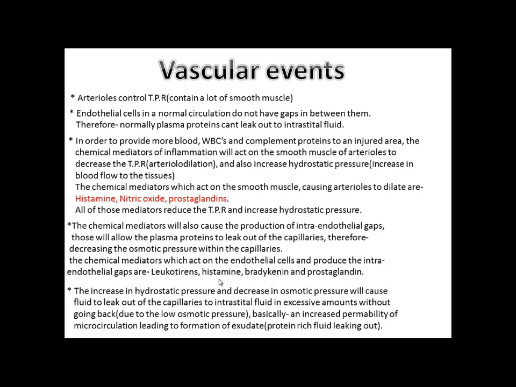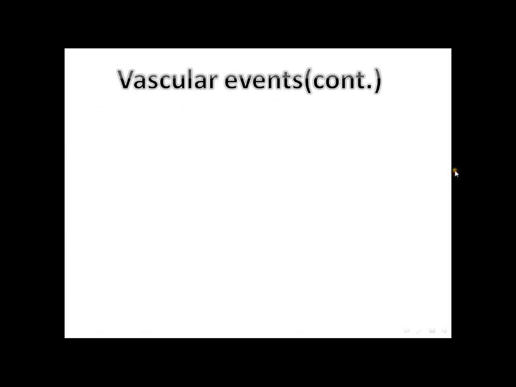And we also have chemical mediators which help us form intraendothelial gaps during inflammation. Those are leukotrienes, histamine, bradykinin, and prostaglandin. And leukotriene is also a mediator that is synthesized later on. So let's do a summary of the chemical mediators produced in inflammation.